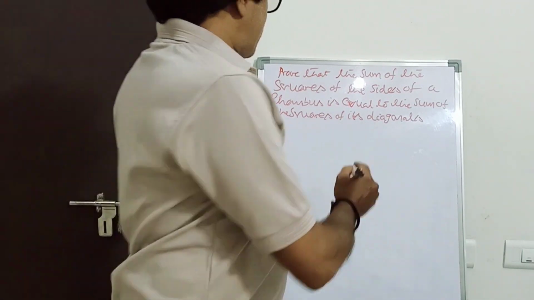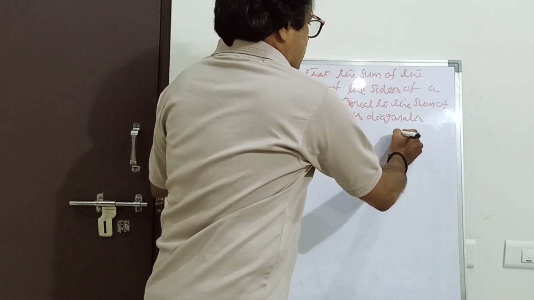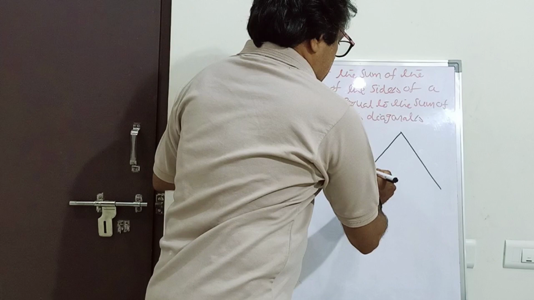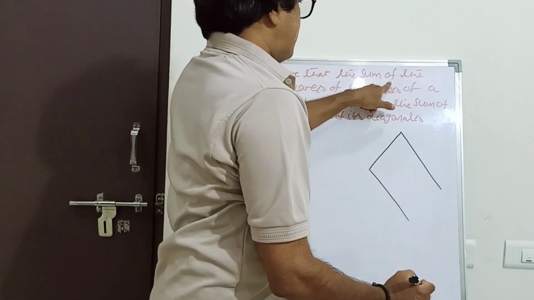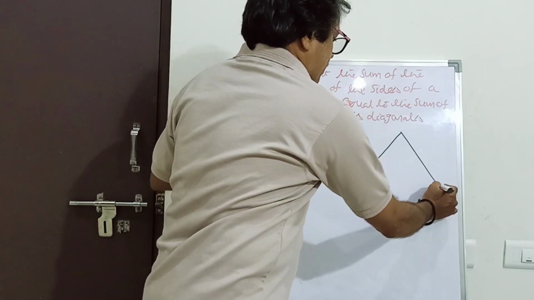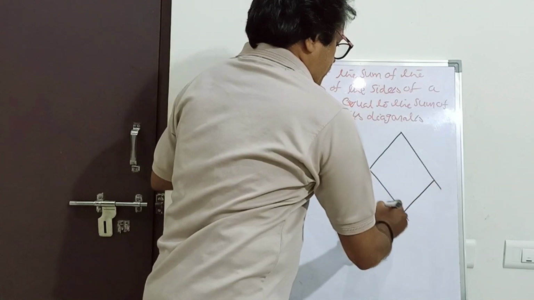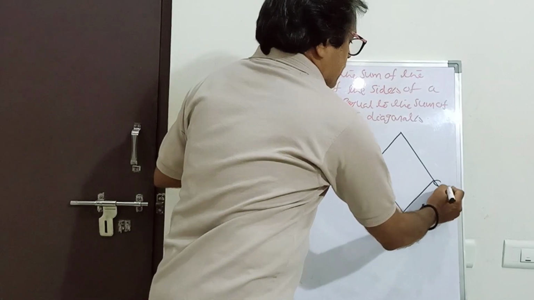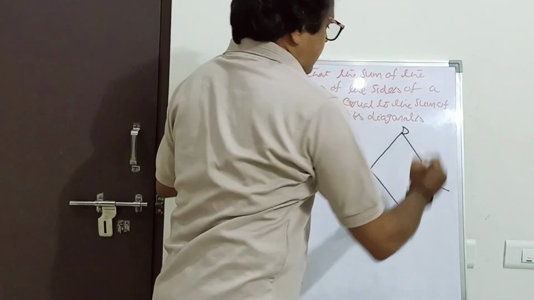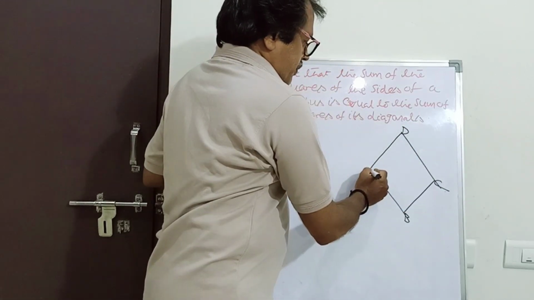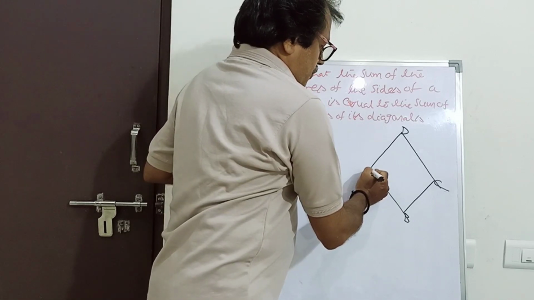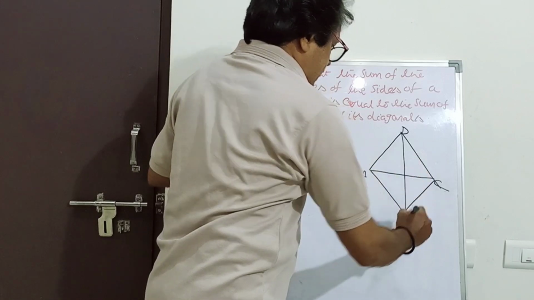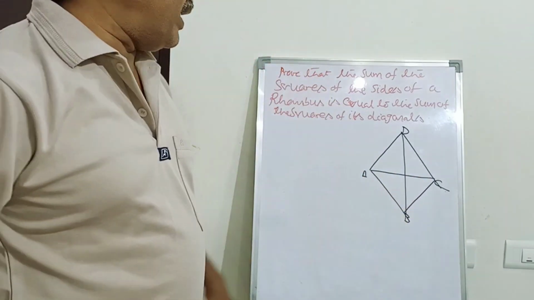So when we observe this problem clearly, ABCD is a rhombus. Join these two opposite vertices like this. So you will get two diagonals AC and BD.